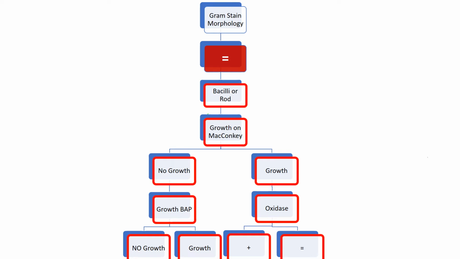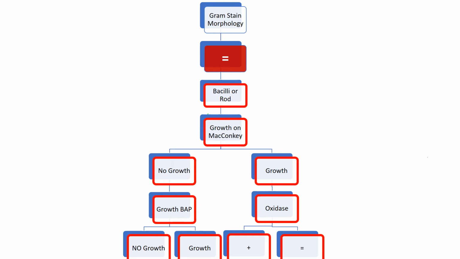So, okay, let's move on to growth on MacConkey. When the organism produces growth on MacConkey, do the oxidase test first, and make sure that you perform your oxidase test on the colonies growing on the blood agar plate, not on the MacConkey colonies. Do you know why?